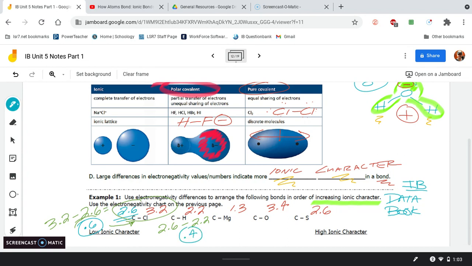You guys can kind of get the idea. We're just doing a little subtraction on all of these. 2.6 minus 1.3. And then 2.6 and 3.4, that's a 0.8.